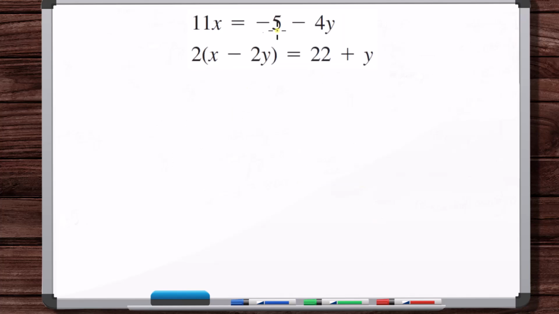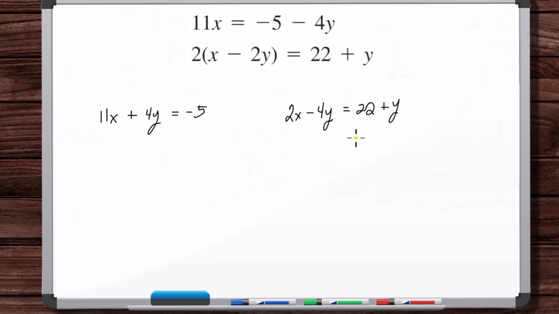Okay, let's organize each of these equations so we can add 4y to both sides on the first equation. Okay, now let's distribute that 2 on the second equation. So 2x minus 4y is equal to 22 plus y.